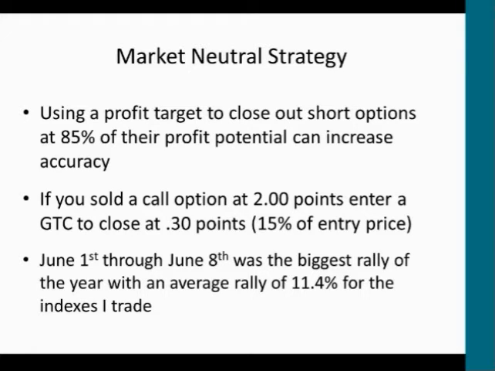Normally if you have a move of 11.4% in an index and you have a market neutral strategy, you're going to lose money. But because I use these profit targets, over 90% of the trades were profitable. And I'll show you those actual trades here in a minute.